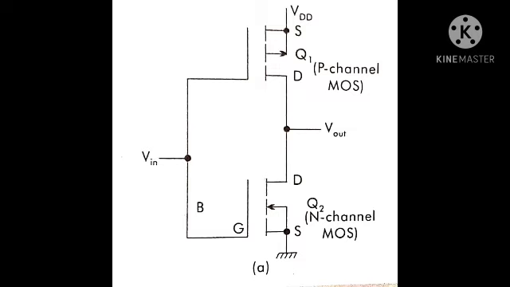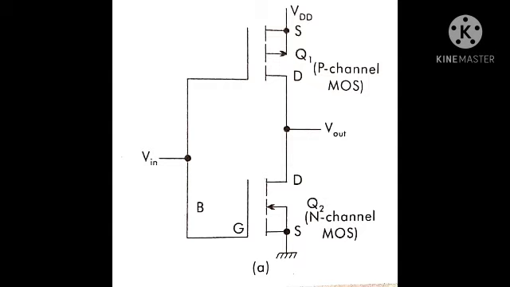So, to understand the operation, we can say for Vin, if the value of Vin is equal to 0 volt, or less than VTN, that is the threshold voltage for the NMOS.